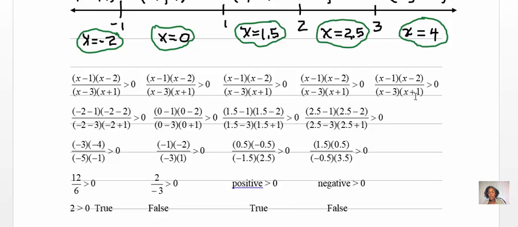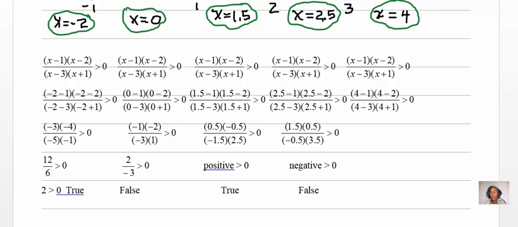Then the last interval, we're replacing all x's with 4, and we wind up with 3 times 2 over 1 times 5. Obviously, that's a positive number, and of course that is greater than 0.